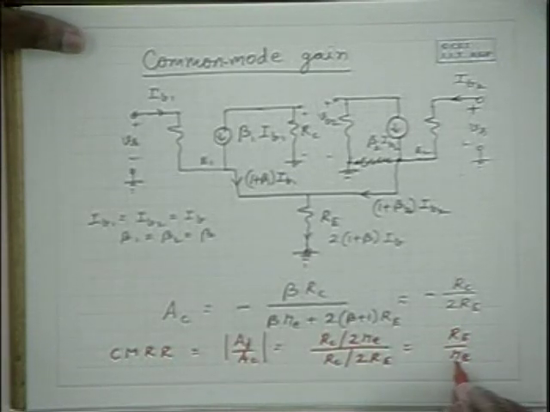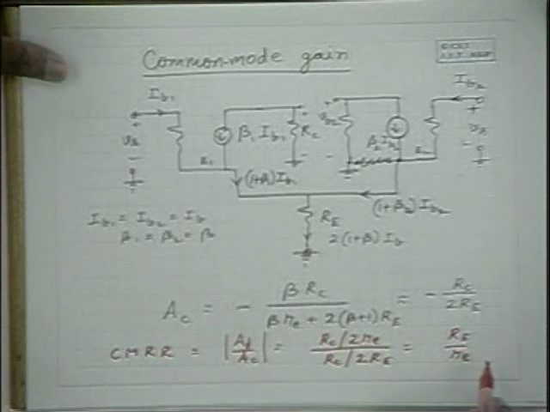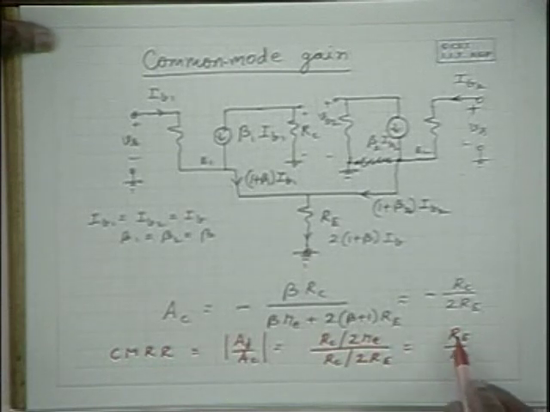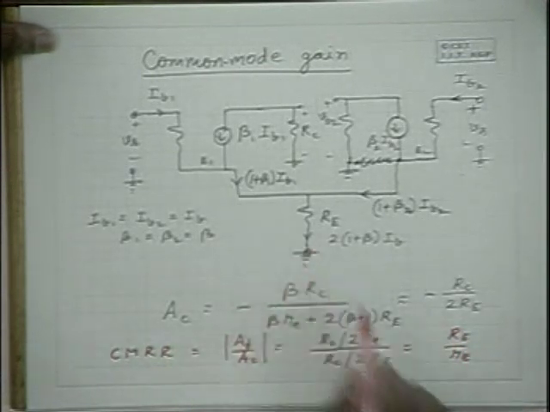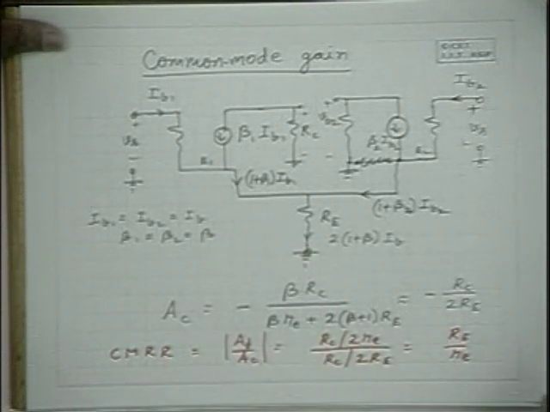And please note that small re is of the order of a few tens of ohms, whereas capital RE is typically very large, hence the common mode rejection ratio is very large.